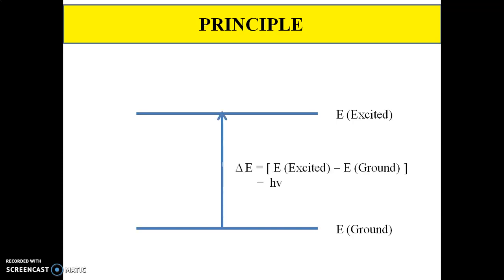This causes them to jump from a ground state energy level to an excited state energy level. Small amount of energy is associated with ground state, whereas large amount of energy is associated with excited state.